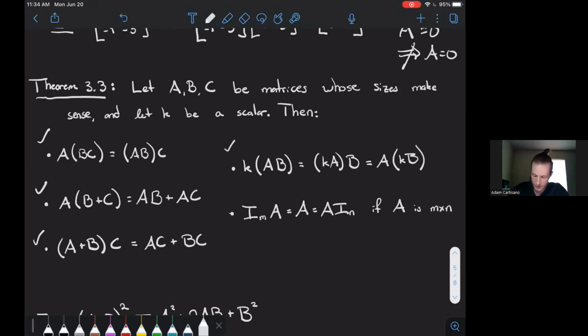And then the last one is stated kind of strangely. If A is an m by n matrix, then, let me just put m by m and then m by n.